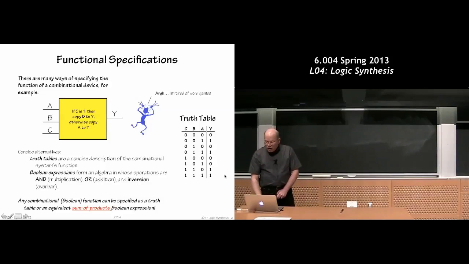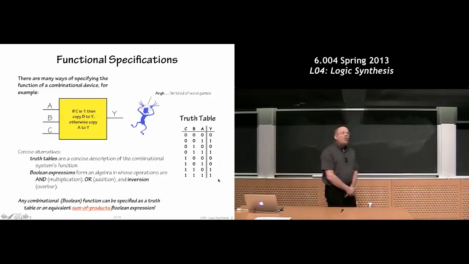And you can see, in fact, that the only difference in the truth table description of 3 input functions is that they all have the same set of combinations of the possible inputs. So there's 8 possible combinations of 3 inputs, and different 3 input functions would differ only in the value I wrote in the output column.